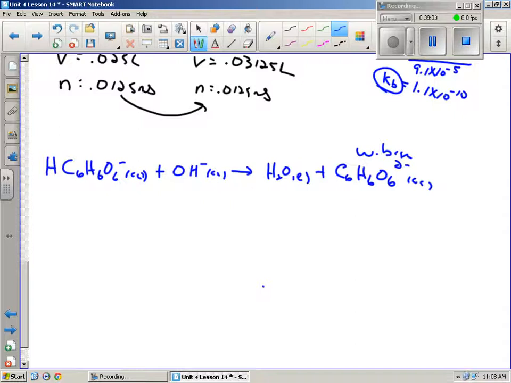However, okay, we need some calculations to do this basically with this here. So, a couple things here. Let me just do a quick calculation here.